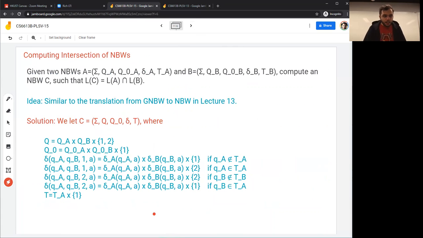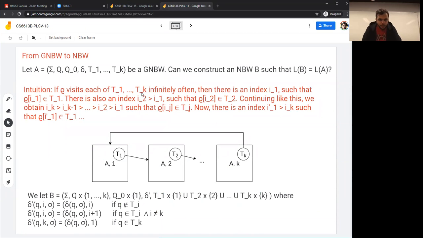Okay, so let's do the intersection. But before doing that, let me show you another problem that we had two sessions ago, which was very similar to this. Let's say we have a generalized non-deterministic Büchi automaton, with several different sets of states that we had to visit infinitely many times.